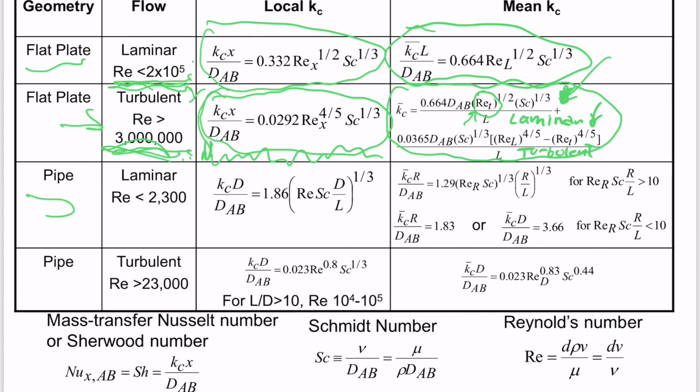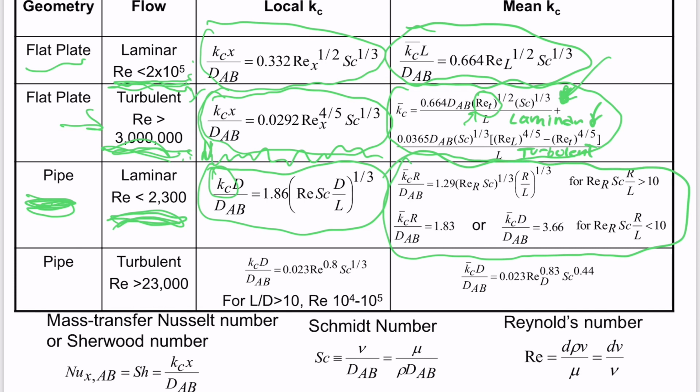If you have flow inside of a pipe, it's laminar if the Reynolds number is less than 2,300, and the characteristic length for that Reynolds number is the diameter of the pipe. And this is the form of the relation here that you can plug in in order to find your local convection coefficient. And these are some forms that you can use to find the mean.